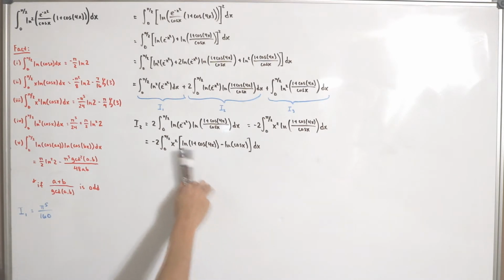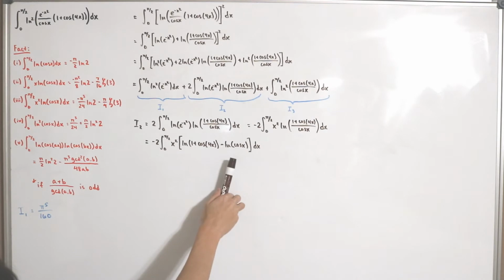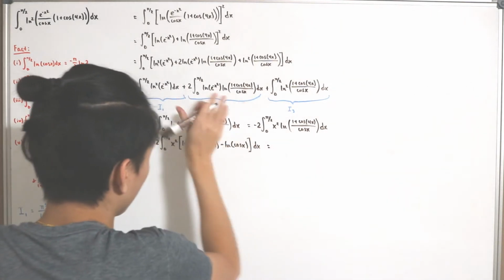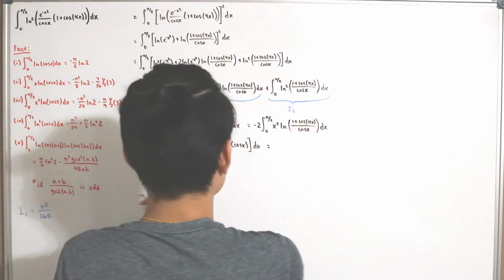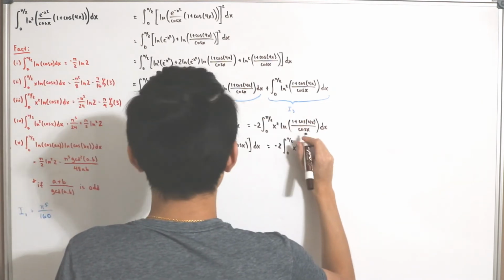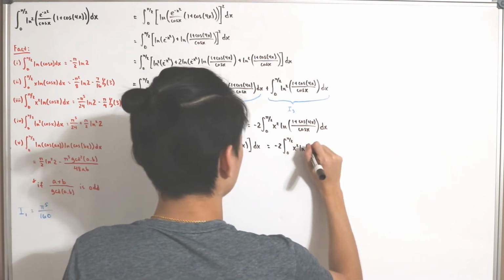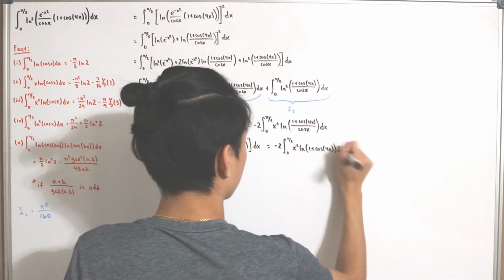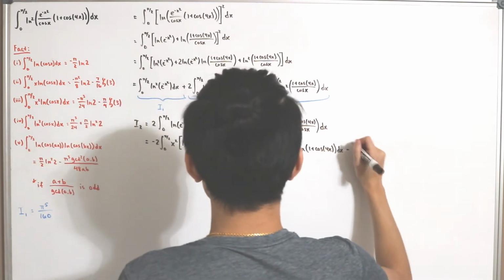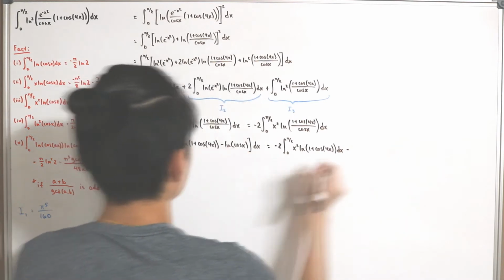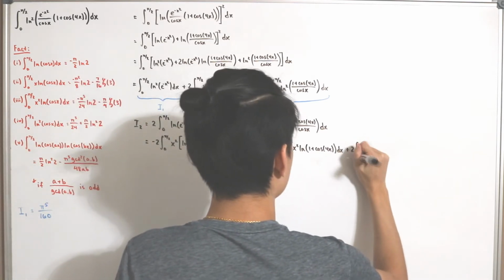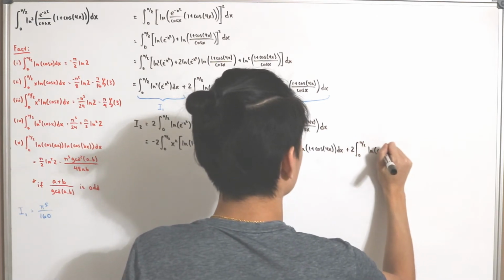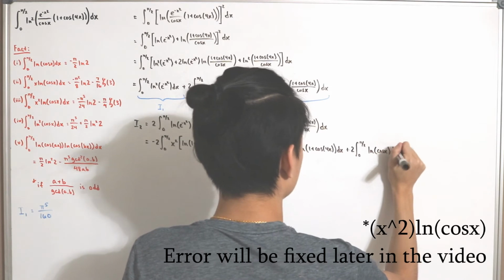Then we can distribute the x squared into these natural logs, and we get the following. And then we're going to do the same process as before. We're going to label each integral respectively to compute: the integral of x squared natural log of (1 plus cosine of 4x) dx, and then minus 2, or well, now it's positive since there's a negative, so plus 2 times the integral from 0 to pi over 2 of x squared times the natural log of cosine x dx.